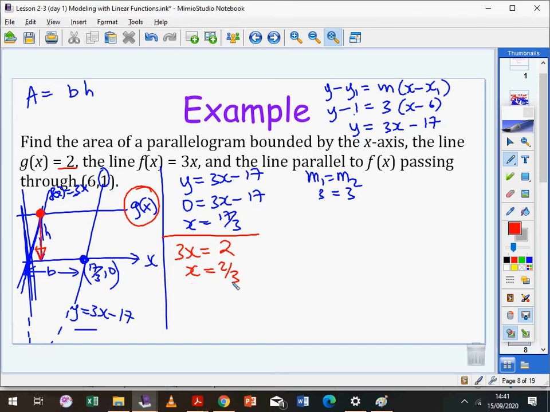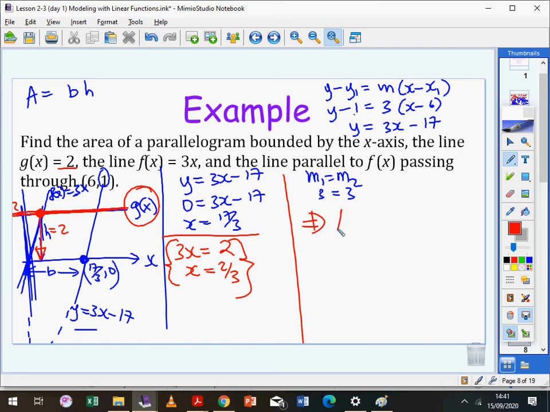When x is 2/3, remember I'm trying to find the y value of this point. Actually I didn't need to go through all of this because this function is already telling us that y is 2 constant across this line. The y value is 2 constantly. So this height is immediately going to be 2. So this one turns out to be easier than I was intending to show you.